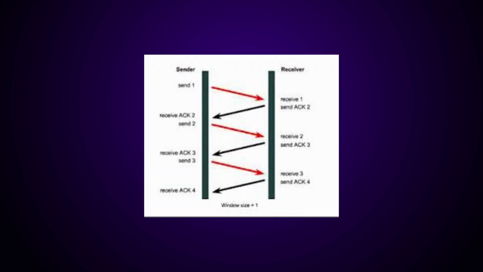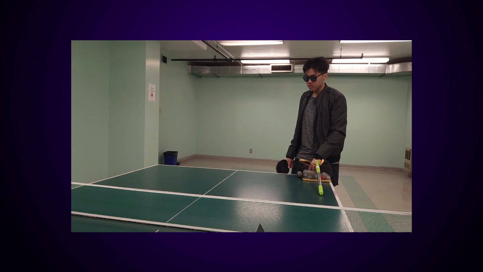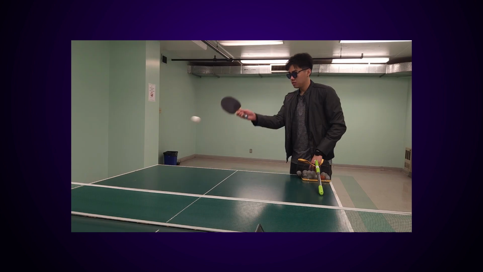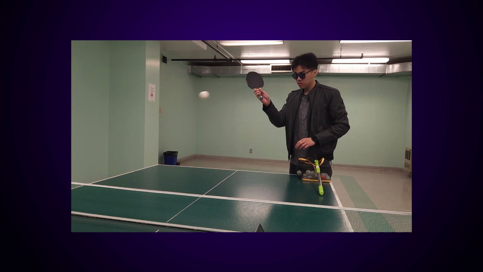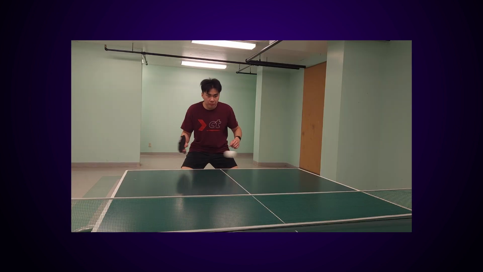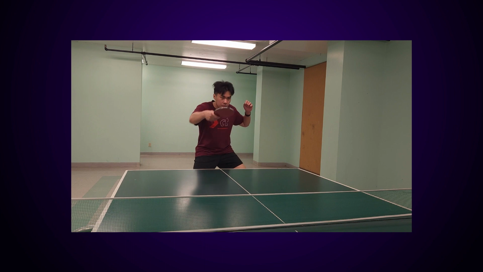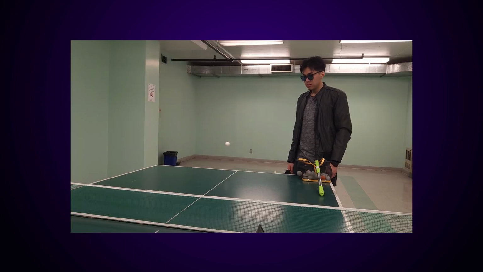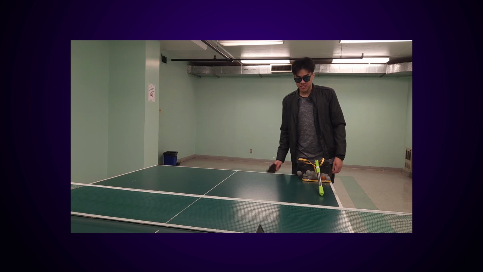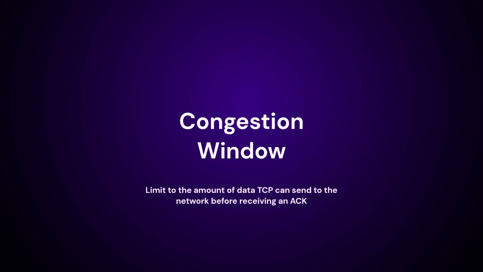Instead of waiting for an acknowledgement for the previous packet before sending the next, what if we sent multiple packets without waiting for the acknowledgements? This creates what we call a congestion window. The larger the window, the more packets we can send before receiving an acknowledgement.